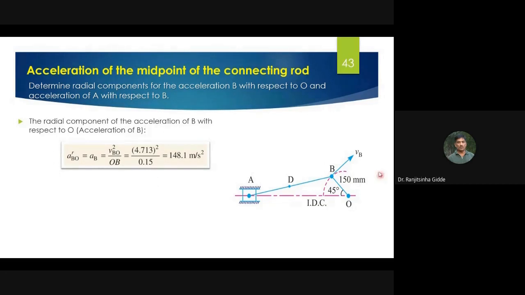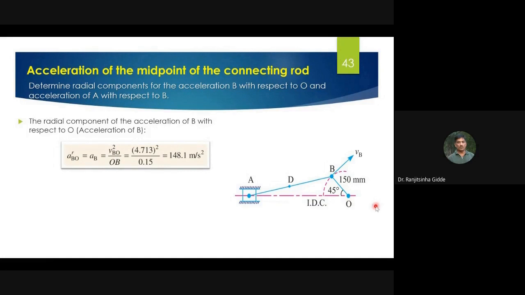Okay. So for this B with respect to O, this is the relative acceleration method. Previously we have seen the relative velocity method to determine the velocity of a point, whether that link or B, or sometimes we have determined the angular velocity.